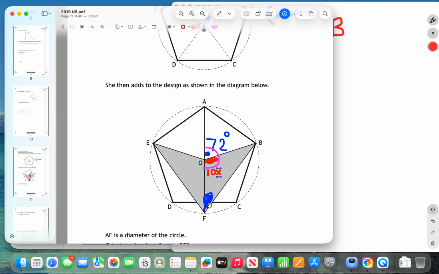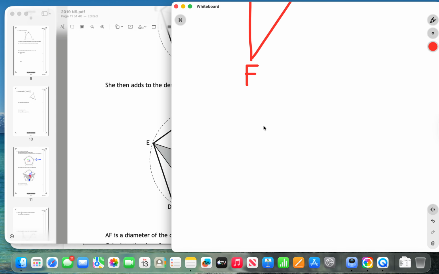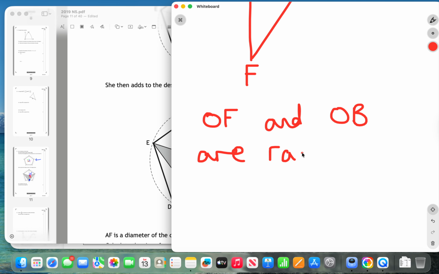So both of these have to be radii of the circle. If you want to justify this, we say OF and OB are radii. The plural of radius is radii of the circle.